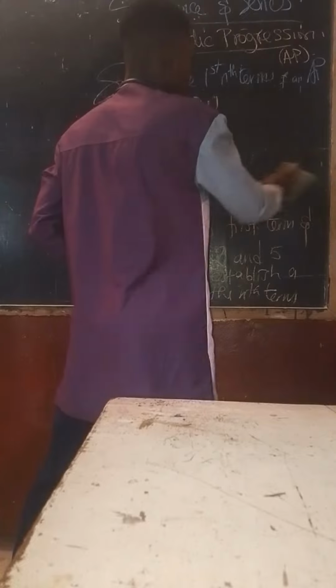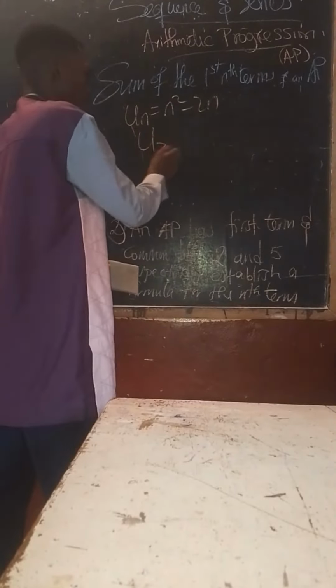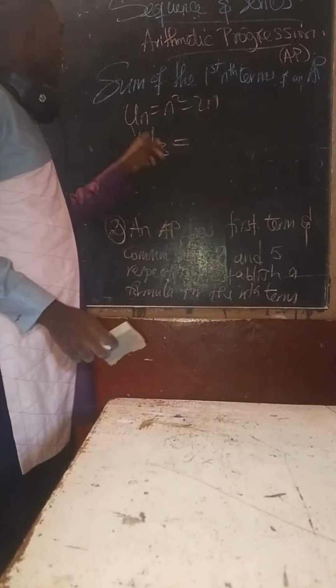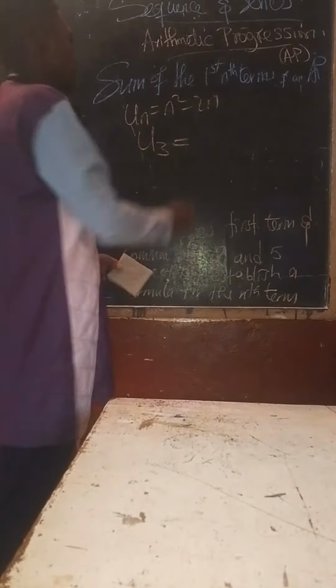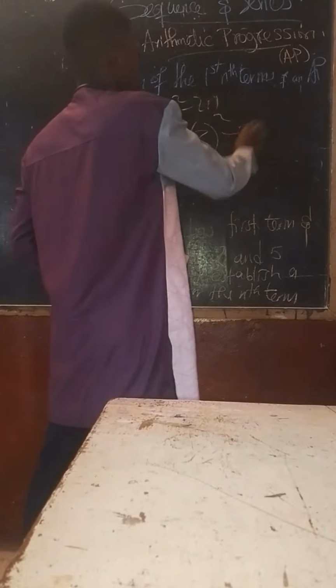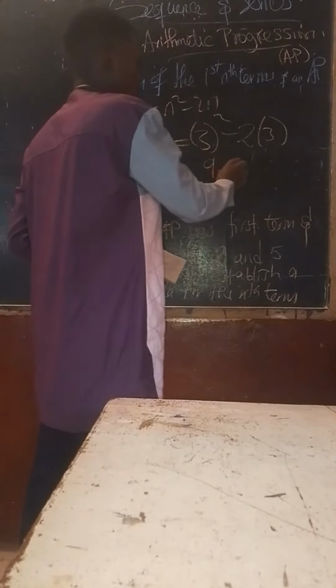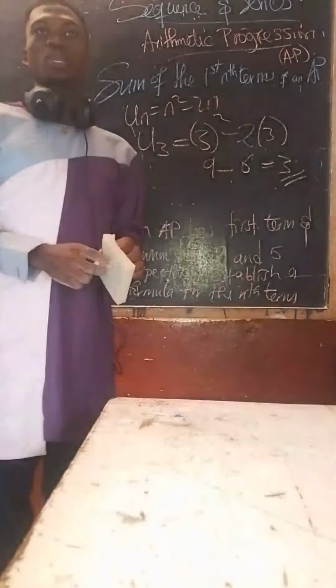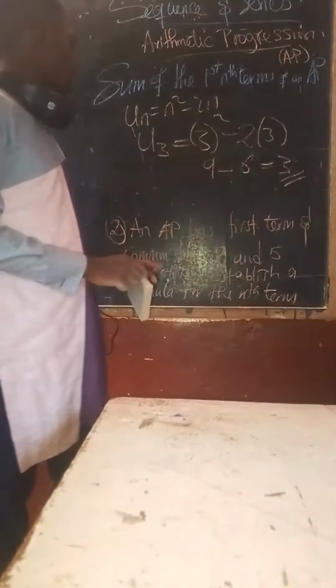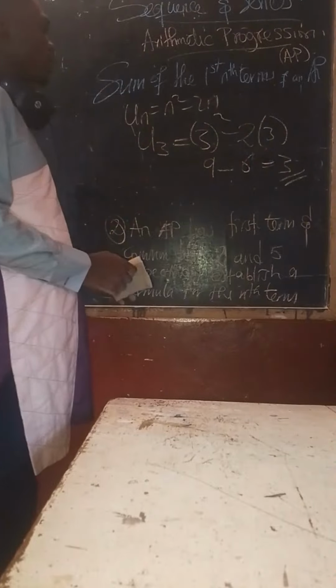We need the third term, so we need U3. What is difficult in replacing n with 3? Such that you have 3 squared minus 2 times 3. 3 squared is 3 times 3, which is 9. Minus 6, the answer is 3. That is the work for the first question. Question 2 is this one, and we are doing it now. Are we okay here?